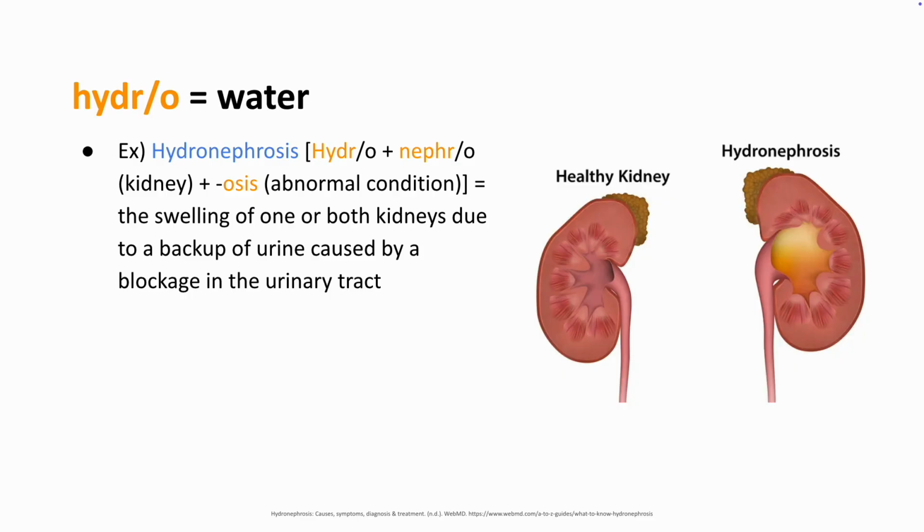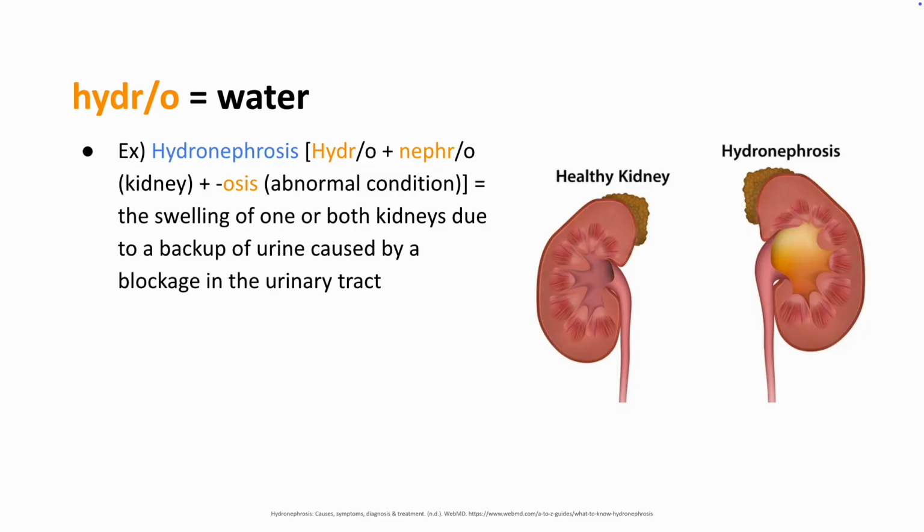Hydro is a combining form that means water, and one example is hydronephrosis. So hydro plus nephro, which was kidney, and osis, any kind of abnormal condition. Hydronephrosis is the swelling of one or both kidneys due to backup of urine caused by a blockage in the urinary tract.